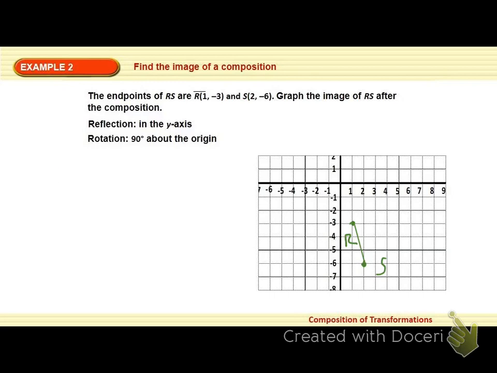So R prime, if we reflect in the y-axis, we just change the sign on the x's. So R prime and S prime end up at negative 1 comma negative 3 and negative 2 comma negative 6. And so we can go plot that here and here.